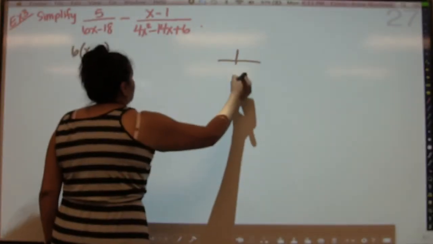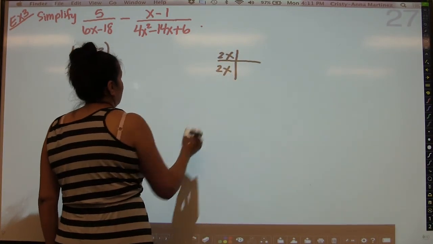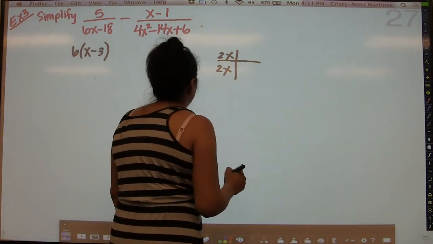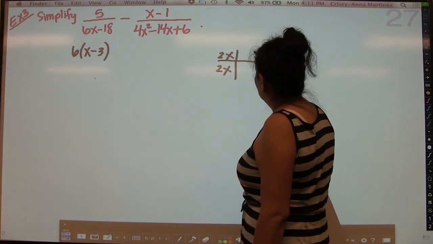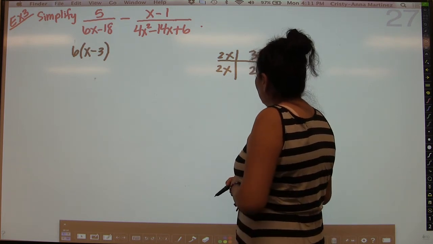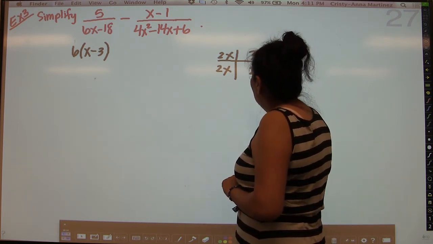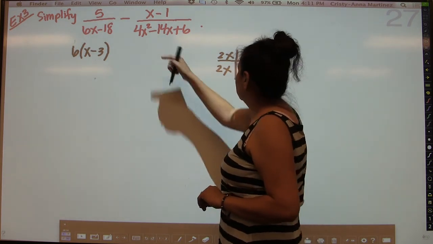And then on this side, we're going to use our factoring techniques. So I'm going to say 2x and 2x to get 4x squared. And then for the 6, I'm going to do a 3 and a 2 and see what happens. I need them to both be negative if I want this to be a negative 14 here.